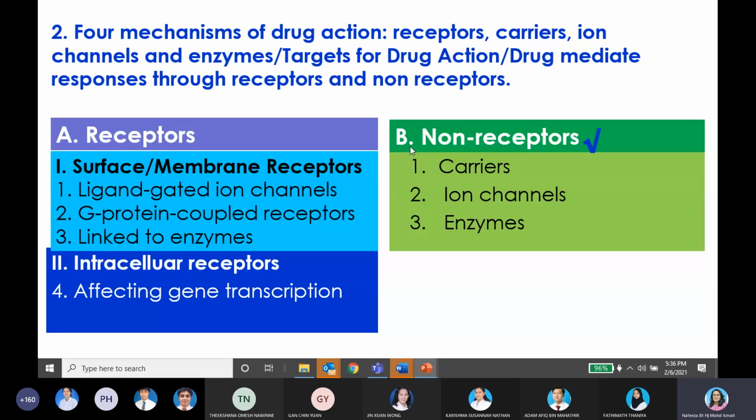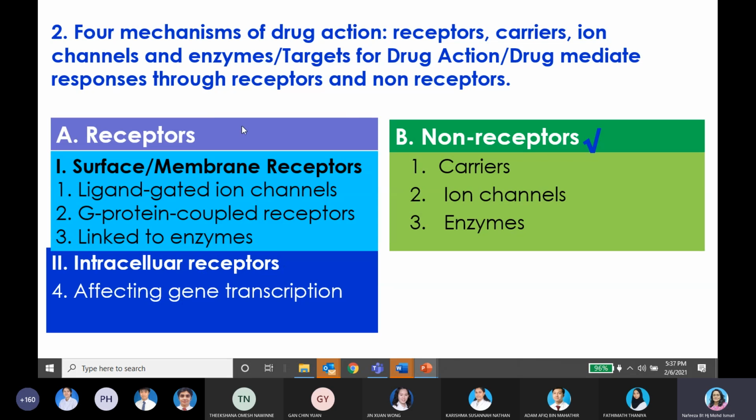Now we move on to the mechanisms of drug action: carriers, ion channels, and enzymes. And these are not mediated through any receptors. The drug can directly affect the carriers, directly affect the ion channels, and directly affect the enzymes.